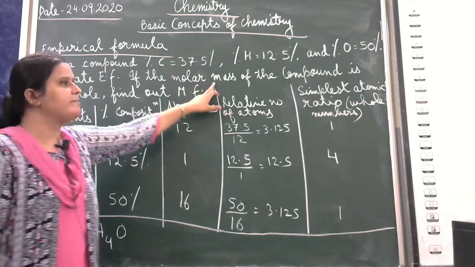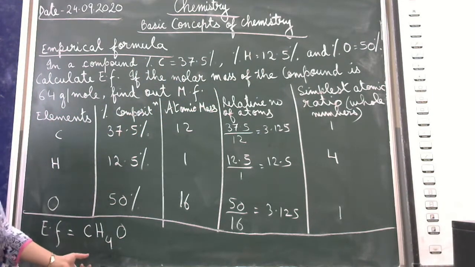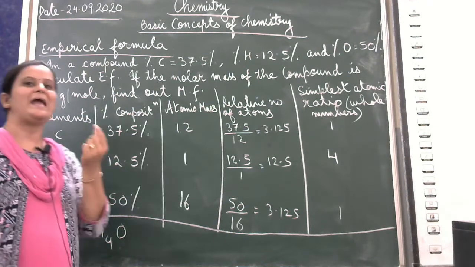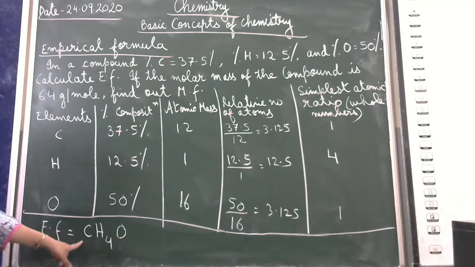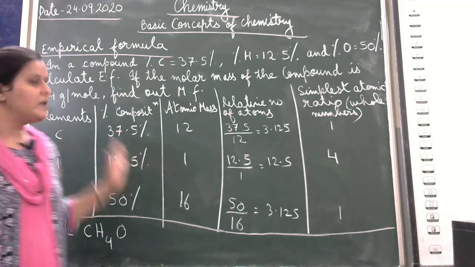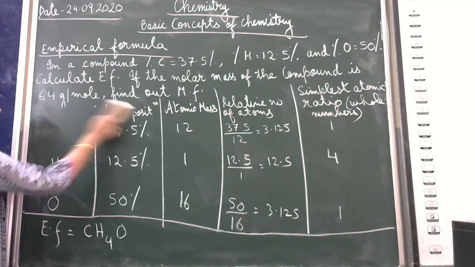When the molar mass is divided by the empirical mass, I will get a factor. Suppose I denote that factor by n. So that n, when multiplied with this empirical formula, will give me my molecular formula. I'll do the procedure. I'm rubbing this table down.